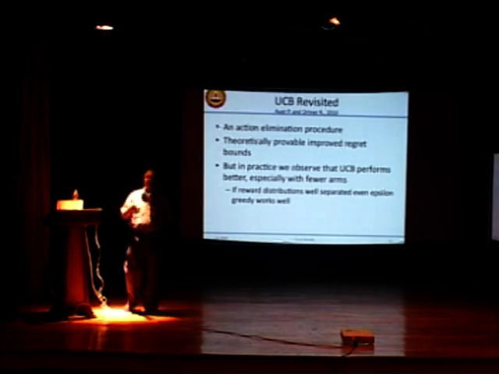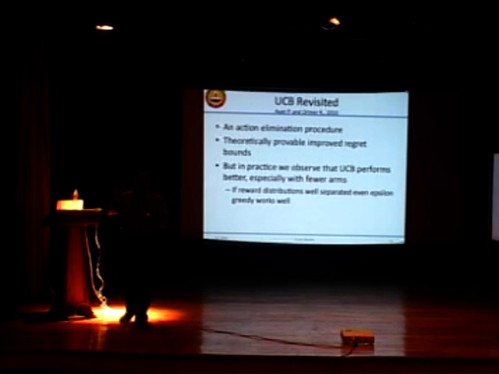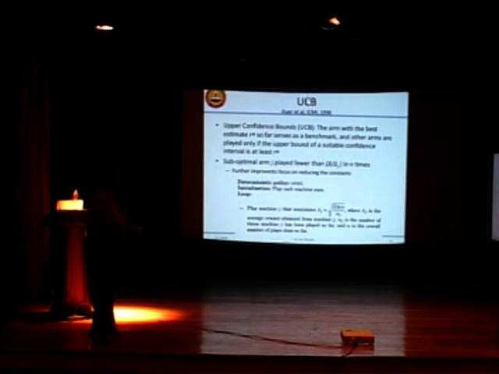Go ahead. Sorry. In the previous example, the confidence interval, does it depend on the machine? Depend on the what? The XJ, the confidence interval. XJ is the average that you have. This is, remember the p hat I was using. The confidence interval is constant for all XJs, right? No, I mean depending on how many times you have played the arm.